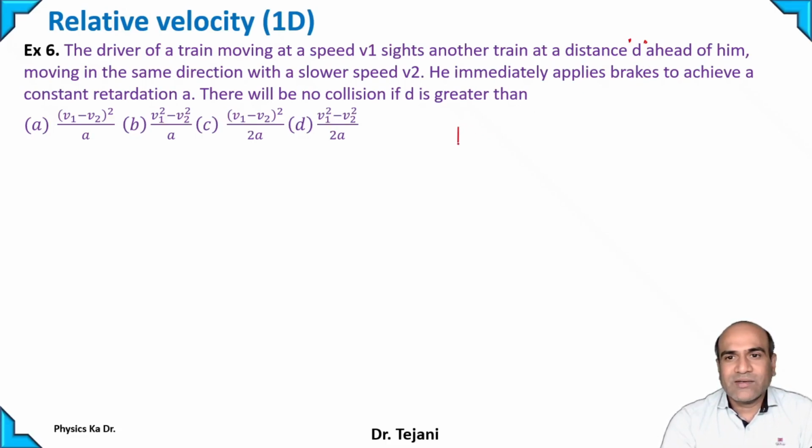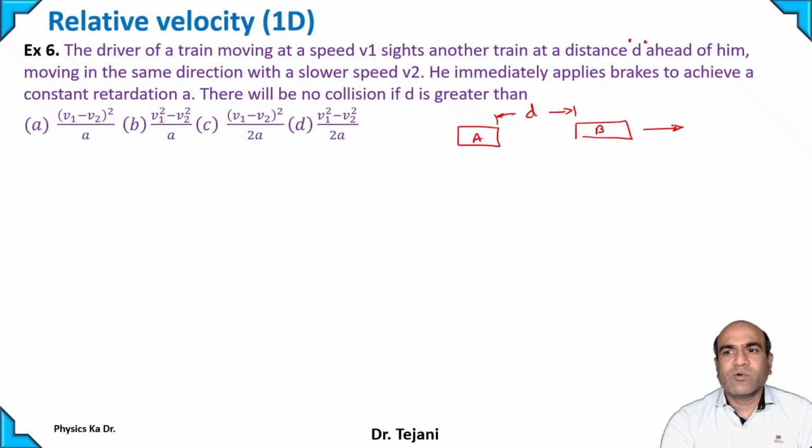Very similar case: a train A, and the driver saw another train on the same track at some distance d, moving in the same direction. So both velocities are positive, with a slower v2.